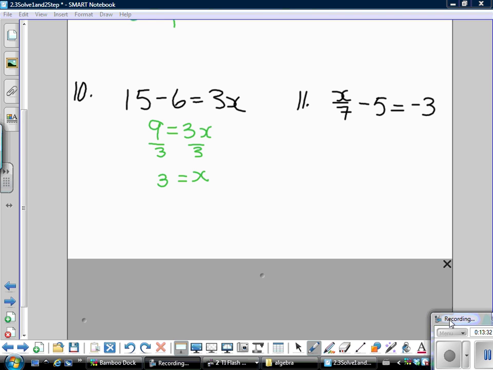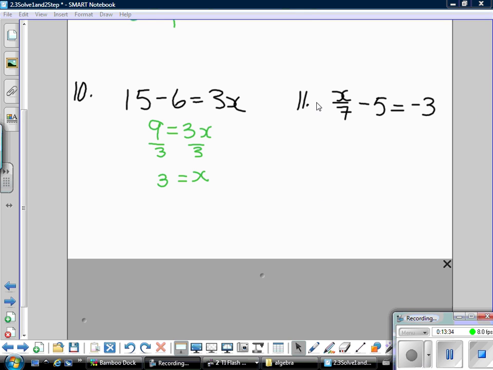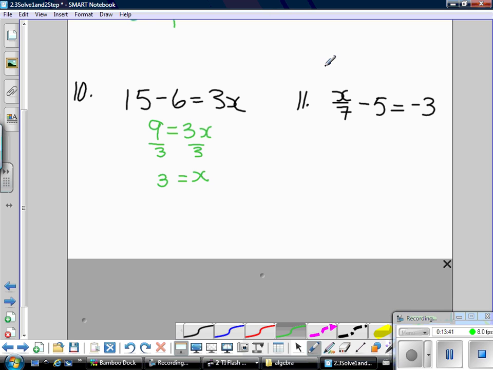The next one looks scary, but it's not. Two terms. Those terms either go together or one of them needs to get to the other side. Well, obviously x over 7 doesn't belong with the negative 5, so the first step I'm going to do is add 5 to both sides.